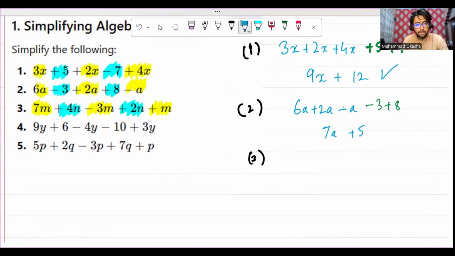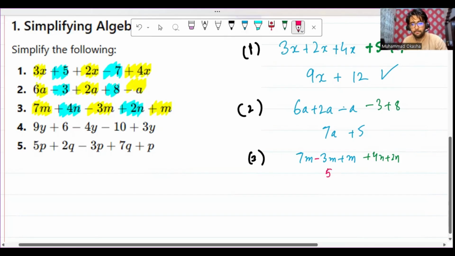So what it's going to look like is 7m minus 3m plus m, and the rest are plus 4n plus 2n. So 7 minus 3 would be 4, 4 plus 1 is 5, so 5m. And 4 plus 2 is 6, so it's going to be 6n.